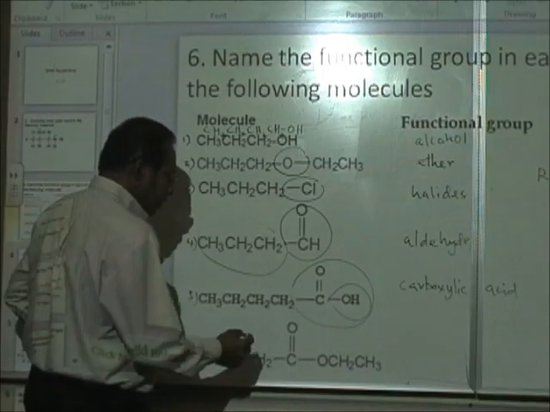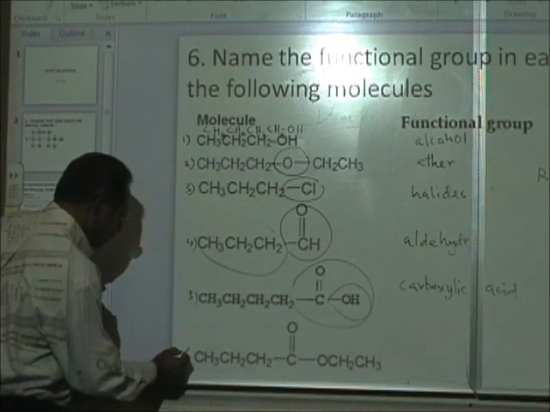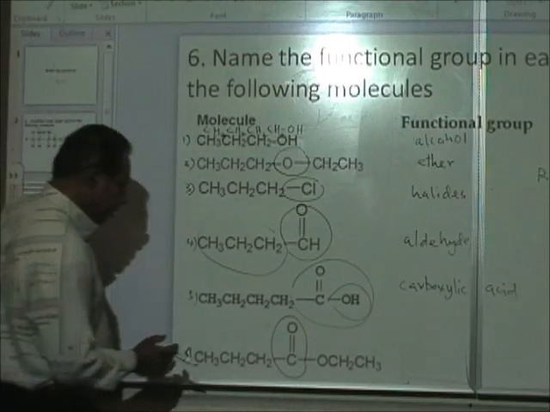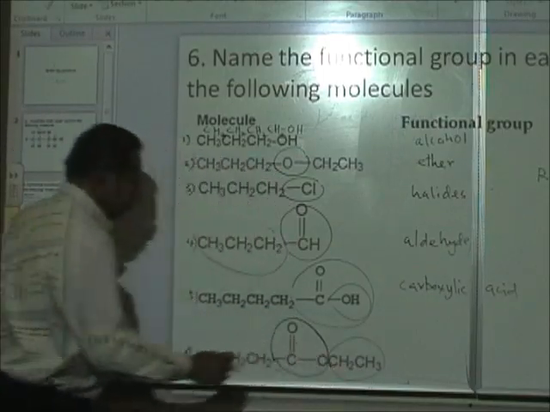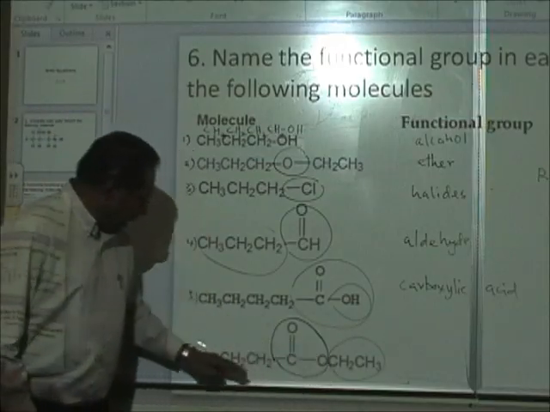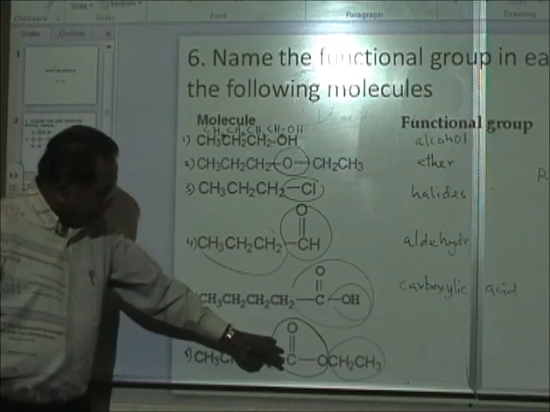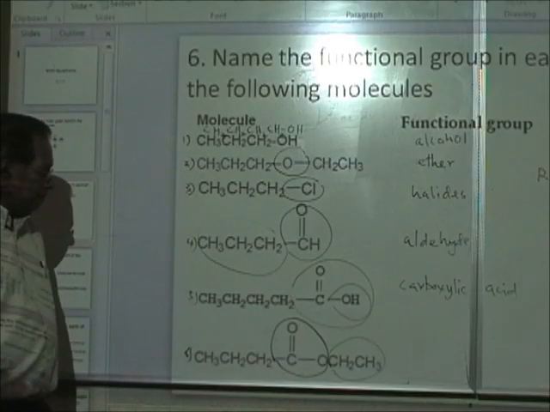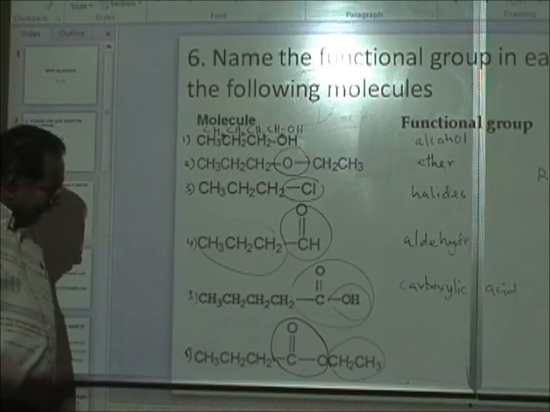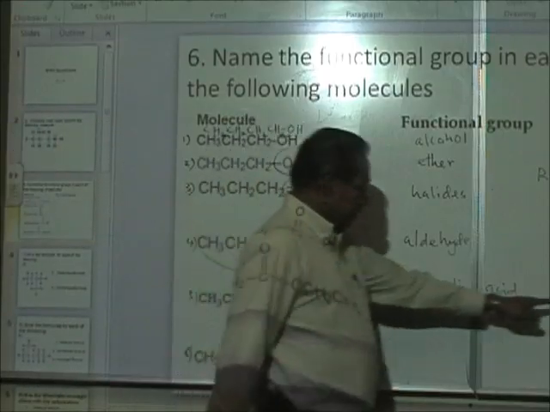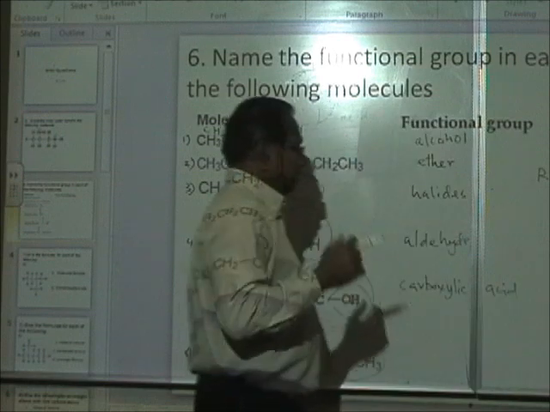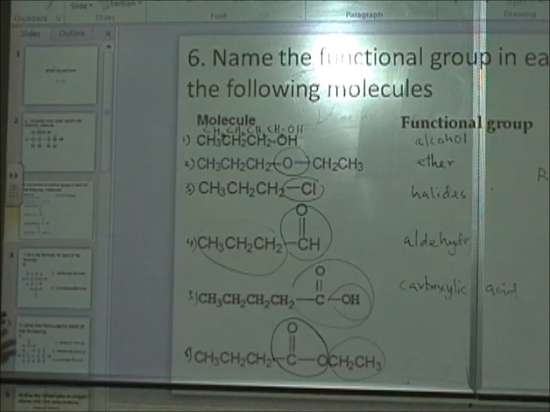Now the last one: you have the alkyl group bonded to the carbonyl group and an oxygen group. It comes from the carboxylic acid.